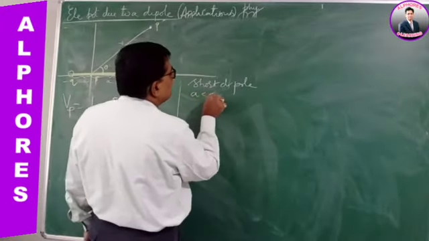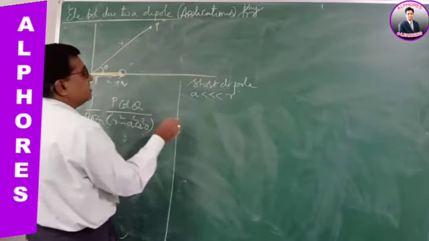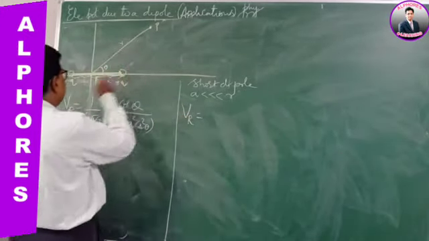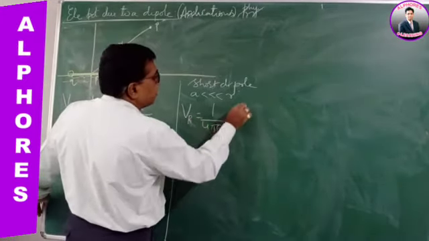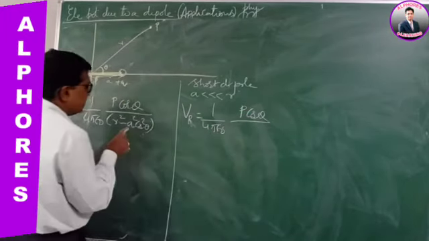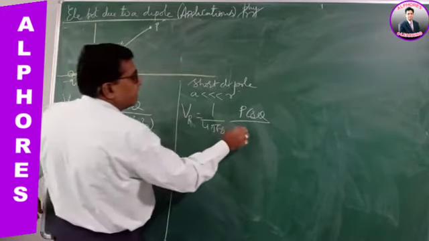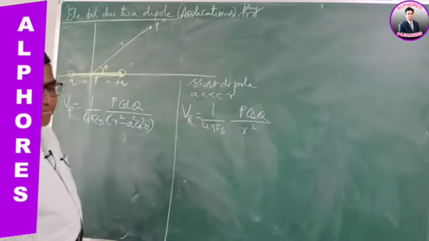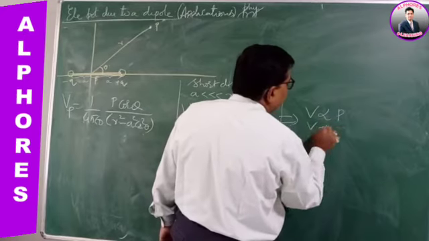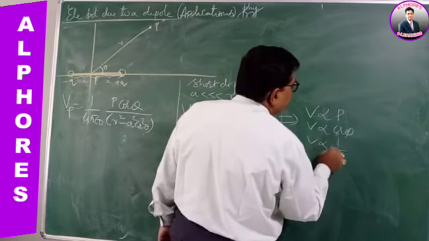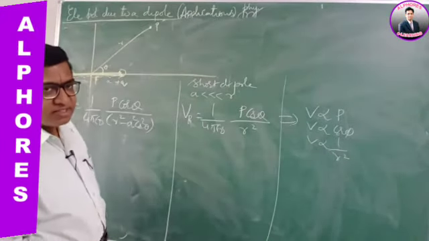So A is less than R. Then under such conditions, the potential at the resultant point P is 1 by 4 pi epsilon naught, P cos theta by, A square cos square theta is negligible, both being small values compared to R. So I get R square. So for a short dipole, V is directly proportional to P, proportional to cos theta, and proportional to 1 by R square. For a short dipole, potential is inversely proportional to the square of the distance of the point.